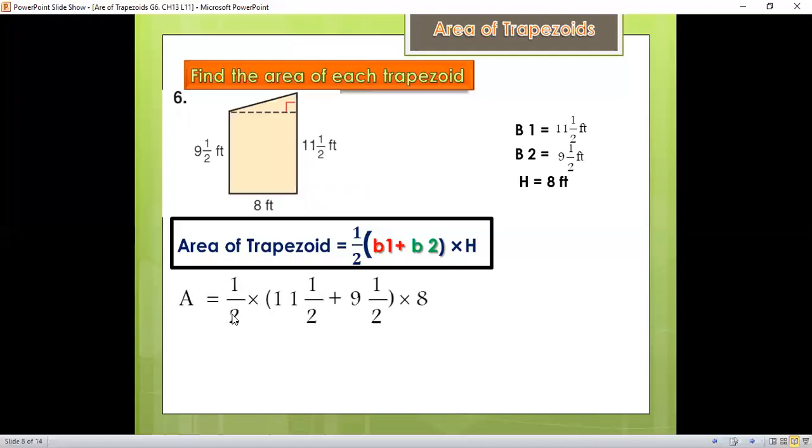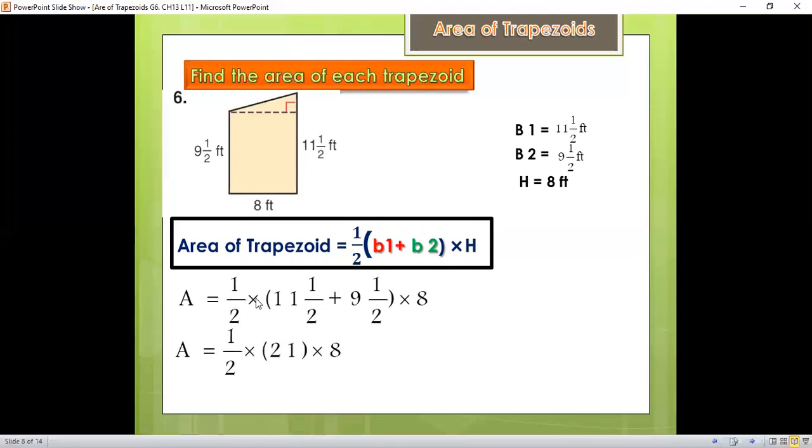Area equals half multiplied by 11 and a half plus 9 and a half, multiplied by 8. Calculating the sum, 9 and 11 is 20, and half and half means 1. Then the answer is 21.